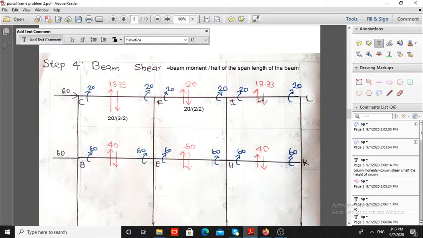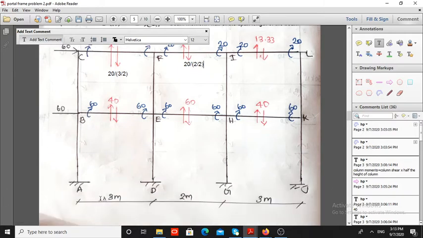Similarly here also 13.33, 20 divided by 3 by 2. Similarly here 60 divided by 3 by 2, that is 1.5. The same value is here, 60 divided by 2 by 2, that is equal to 1. Here 60 divided by 3 by 2, that is equal to 1.5.